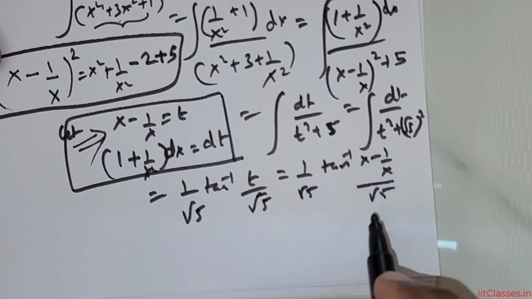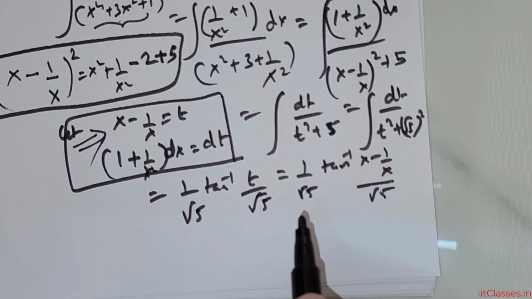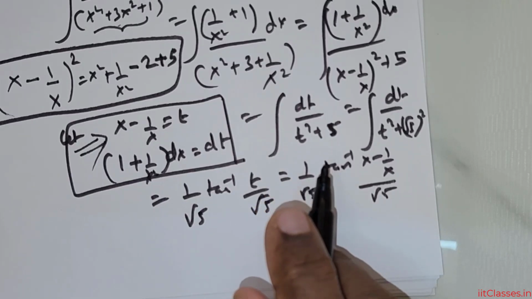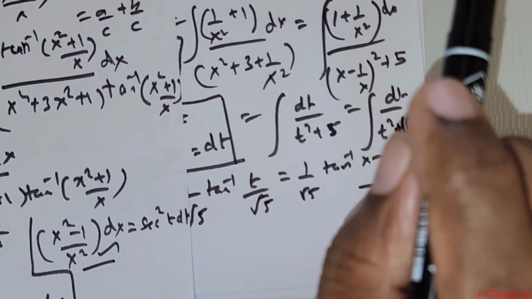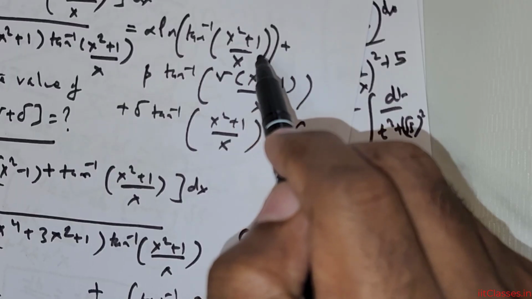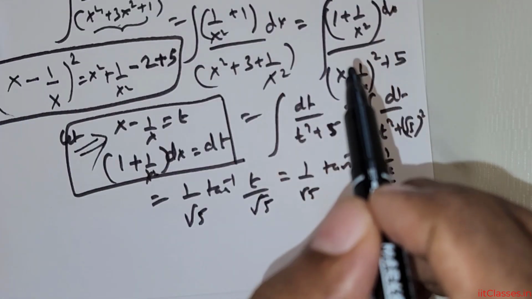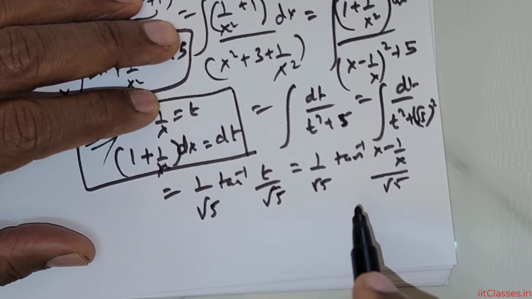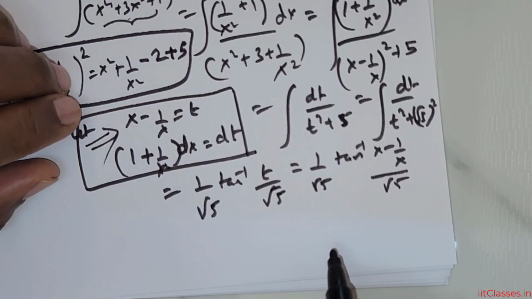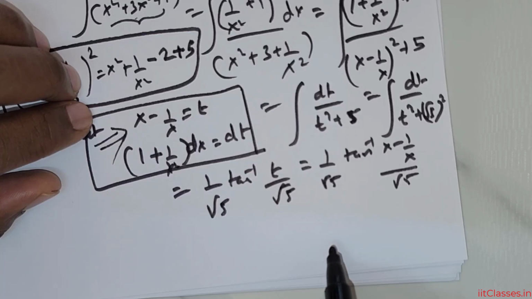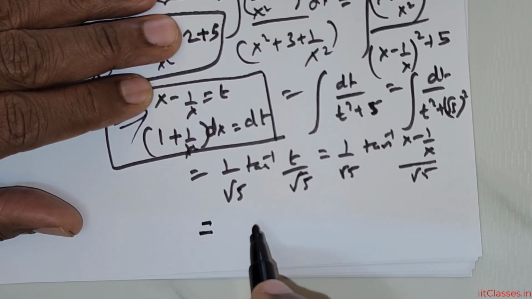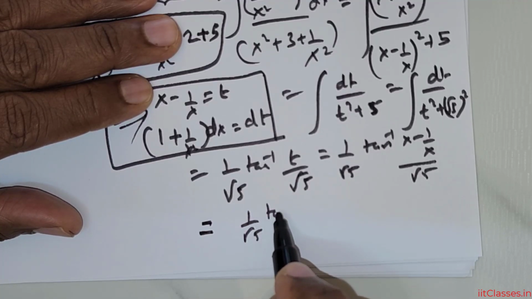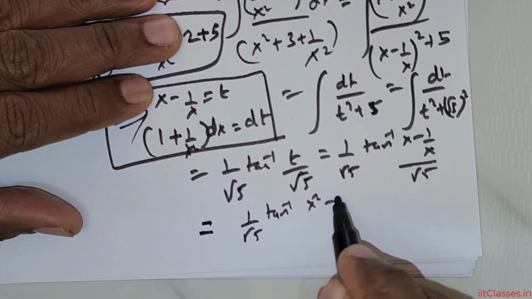Now we need to bring it in the form of the problem. Let me show you the problem. The problem has tan inverse of (x squared minus 1) over x. So we need to bring that over here. If we were to bring that, this would give me 1 over root 5 tan inverse of (x squared minus 1) divided by x.